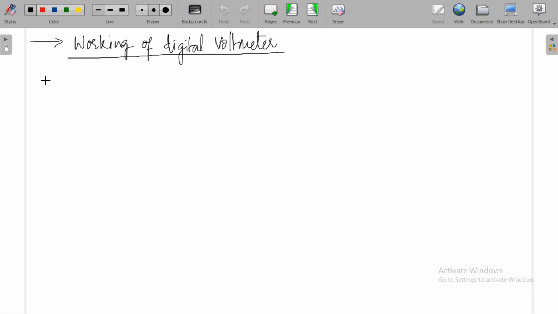First, you're going to have attenuator. This is attenuator.